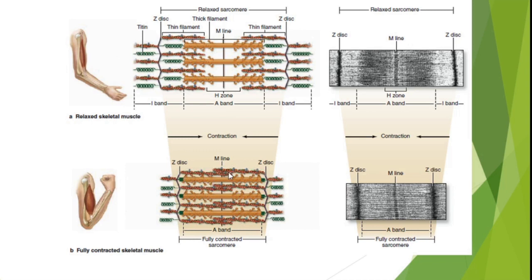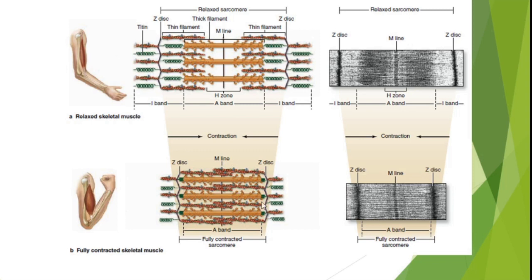Alright? And also, lumiliit yung, or nagnanarrow yung H zone, and also the I band becomes narrow. But the A band remains the same. Either contraction or relaxed state, remains the same siya. Okay? So, I hope na-gets nyo yun, no?